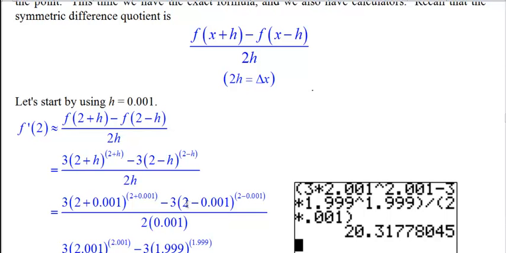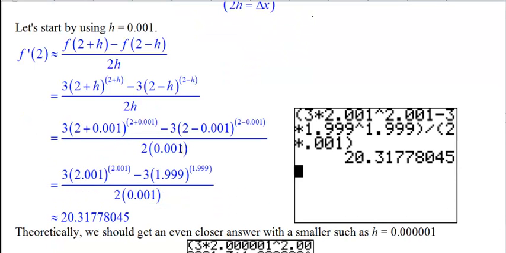And 2 minus h is 2 minus 0.001, which is 1.999, and we raise it to the same power. In both cases, we multiply by 3. We subtract those in the top, and in the bottom we have 2h, or 2 times 0.001, or 0.002.